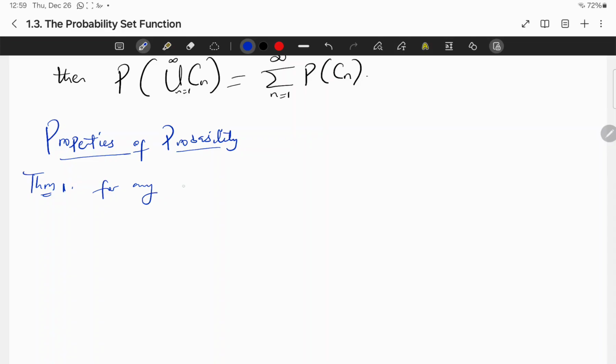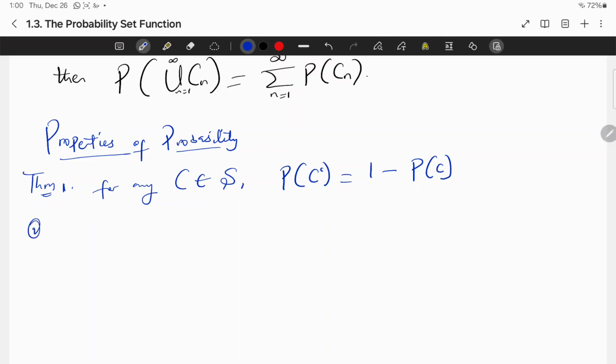For any C that belongs to the sigma field, the probability of C complement is equal to 1 minus the probability of C. That is, the probability that an event will not occur is 1 minus the probability that the event will occur. So you can actually prove that.